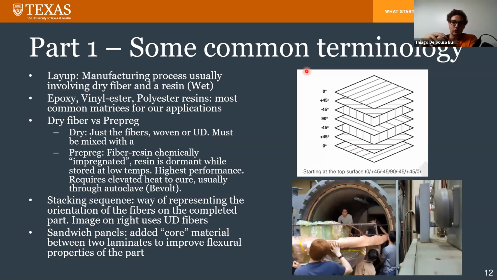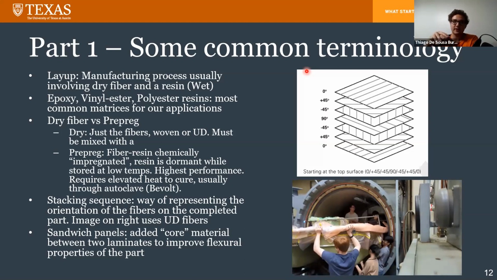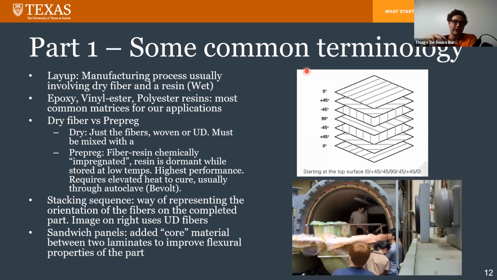And the resin is dormant while it's stored at low temperatures. And when I say low temperatures, I mean like 0 Fahrenheit. So in the negative Celsius is the ideal storing temperature. And even then, they expire after production within 2 to 3 years.